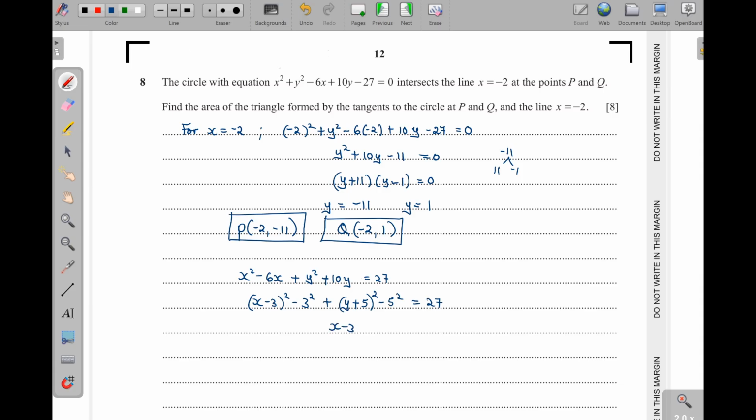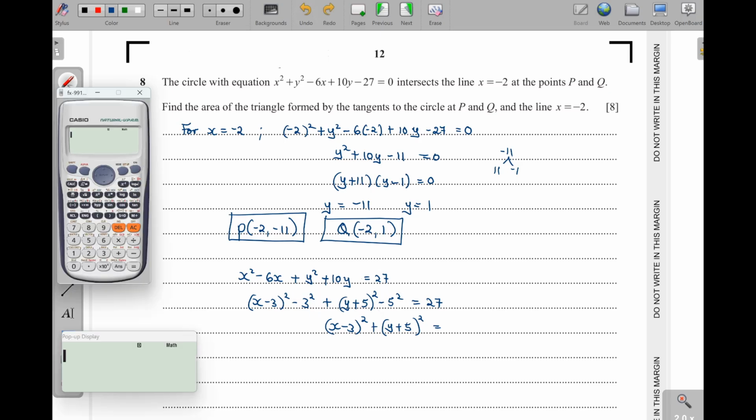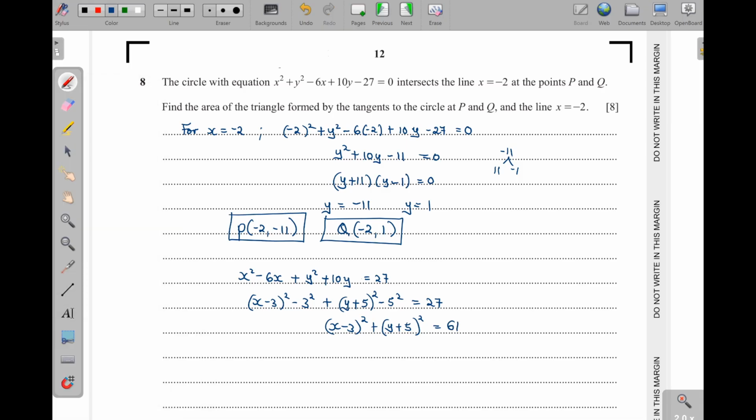So we shall have x minus 3 squared, then plus y plus 5 squared, and this one is equal to 27 plus 9 plus 25, that is 61. So we get 61 here.